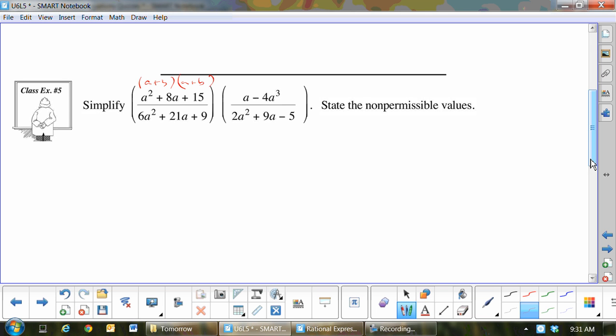What two things add to 21 and multiply to 54? Yeah, good. I actually knew that. I was just seeing who I could suck into my trap. Okay, so what's the best I can take out? 3. So that's leaving me with 3a squared plus 7a plus 3.